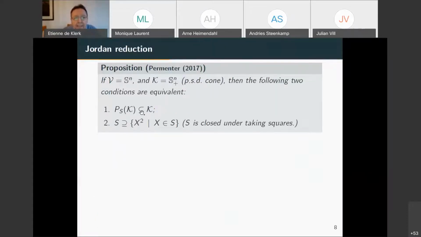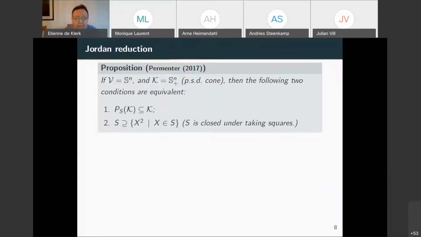For the positive semi-definite cone, this condition of cone positivity is equivalent to the subspace S being closed under taking squares. These are just squares by normal matrix multiplication. That's quite interesting. So the cone positivity for the positive semi-definite cone is the same as the subspace S being closed under taking squares.